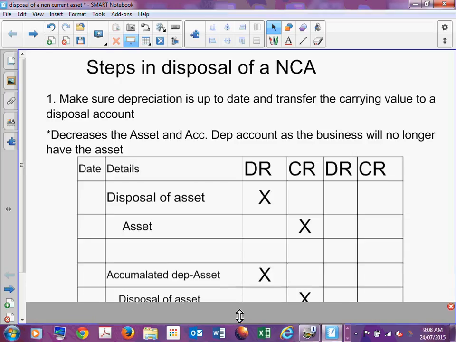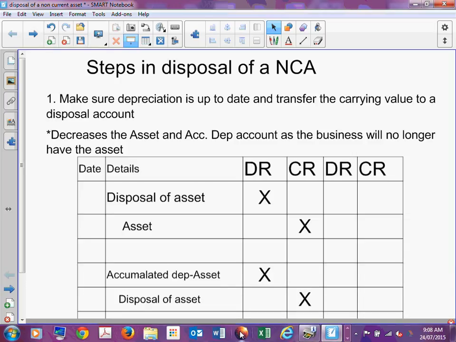The second set of entries debits the accumulated depreciation of the asset and credits the disposal. So it's exactly the same in terms of decreasing an account because we no longer have it. I haven't put a narration in, but what do you think the narration might be?